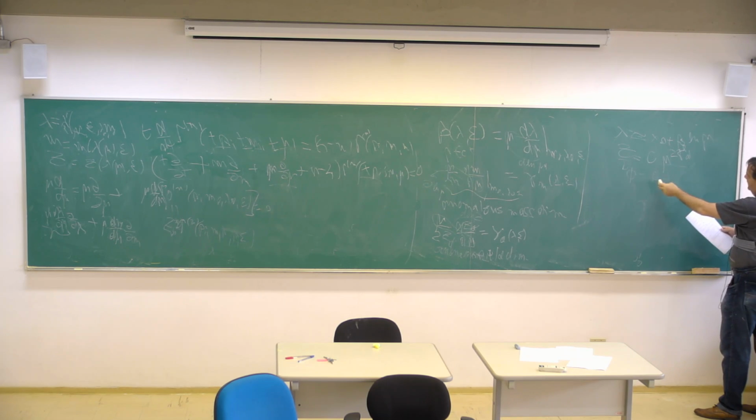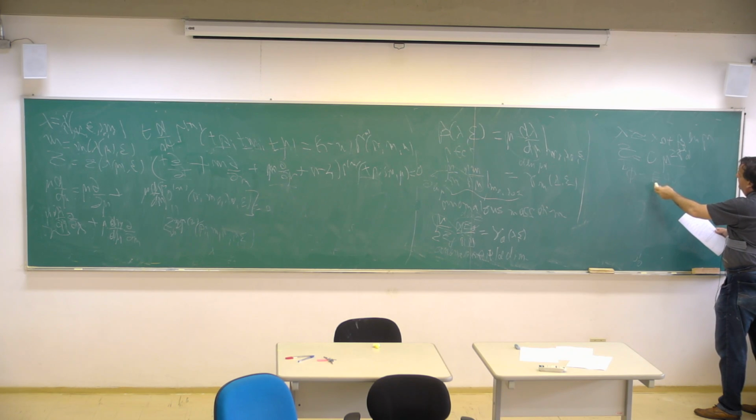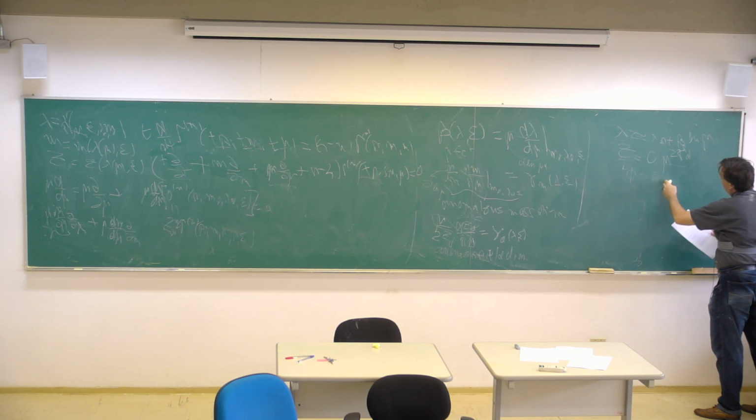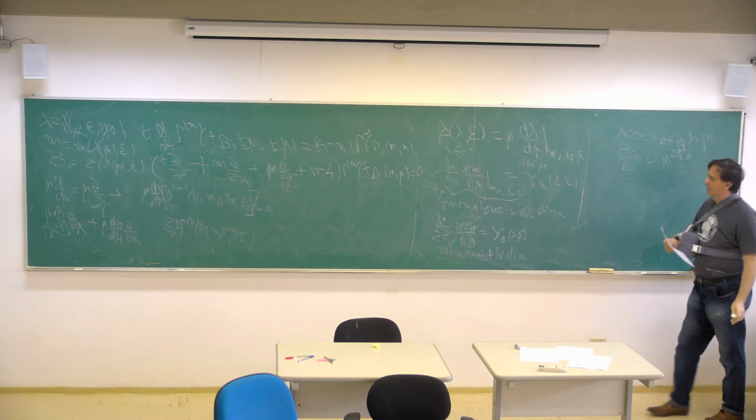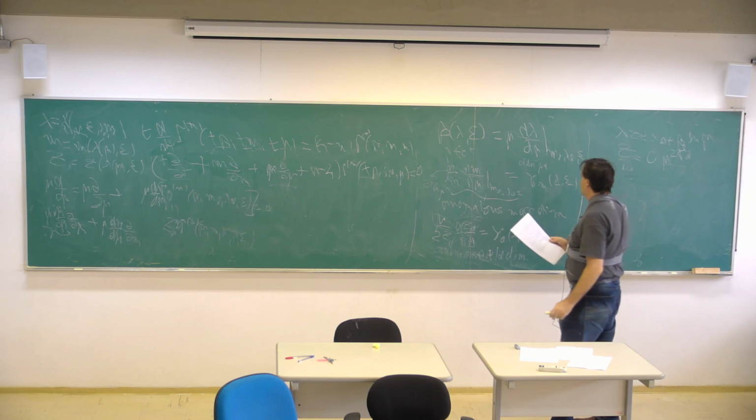The relation between phi and phi 0 was through z. If z didn't have dimension, then these would have the same dimension, but now this adds an extra dimension to the field. So this is why this is called the anomalous field dimension.